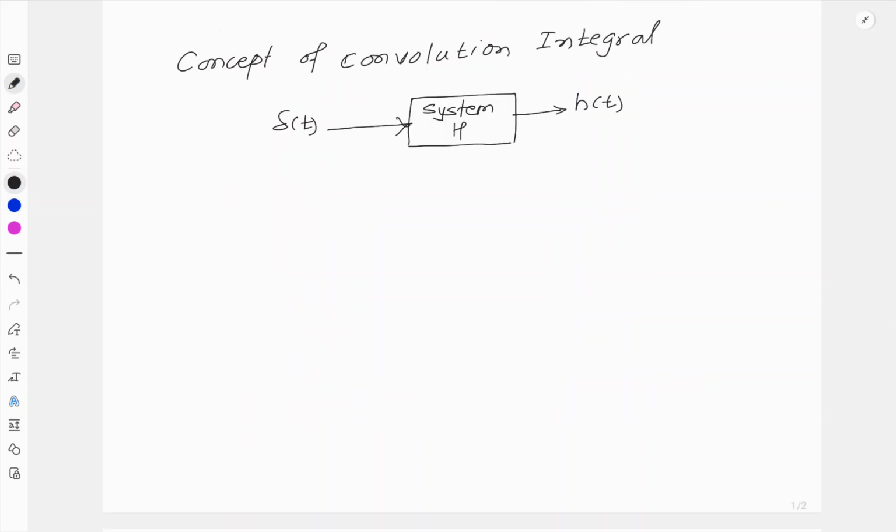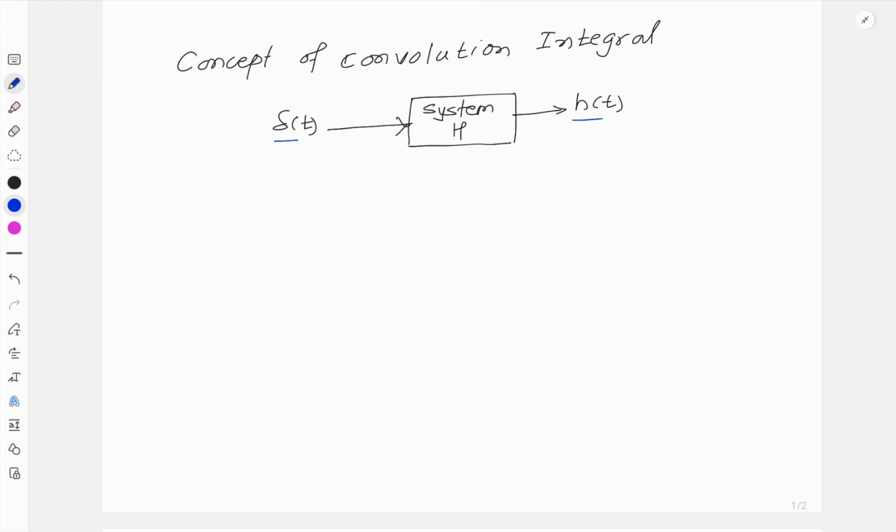Now let us see the concept of convolution integral. A simple system is represented over here. This system is applied with the input delta t and we are getting the output h of t. This output is called the impulse response, as this system has the input applied as impulse function.